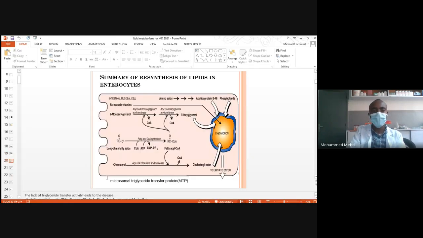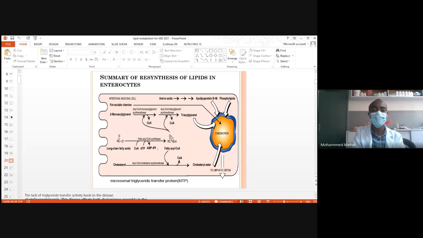Again, a summary of resynthesis of lipid in the enterocytes. There are two monoacylglycerols. At a time, one fatty acid is transferred for the formation of diacylglycerol. Then triacylglycerol is formed. The long chain fatty acids are activated first using this CoA addition, and ATP is consumed by this enzyme, and the fatty acid is activated into fatty acyl-CoA.